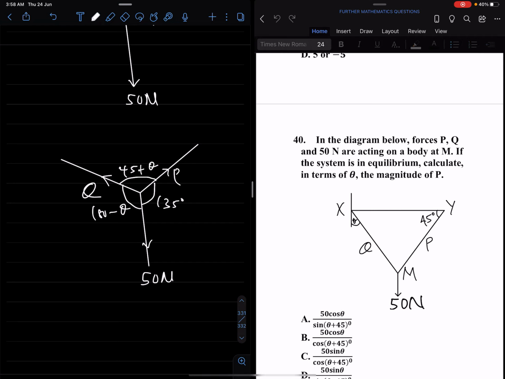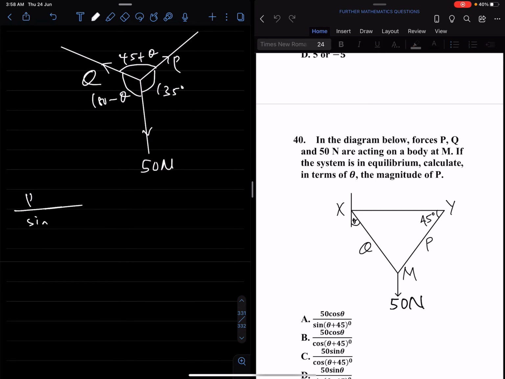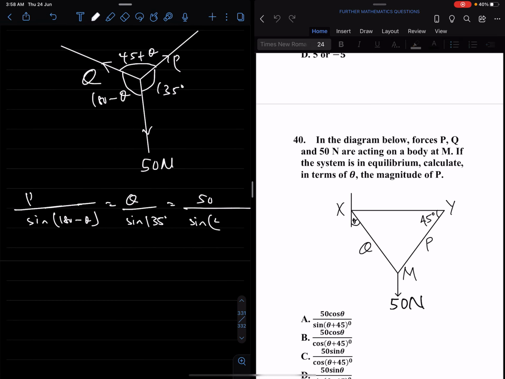So by Lami's theorem, P over the sine of the angle between Q and 50 newtons, which is 180 minus theta, is the same as Q over the sine of the angle between P and 50, sine 135 degrees, equals 50 newtons over the sine of the angle between the other two forces, which is 45 plus theta.